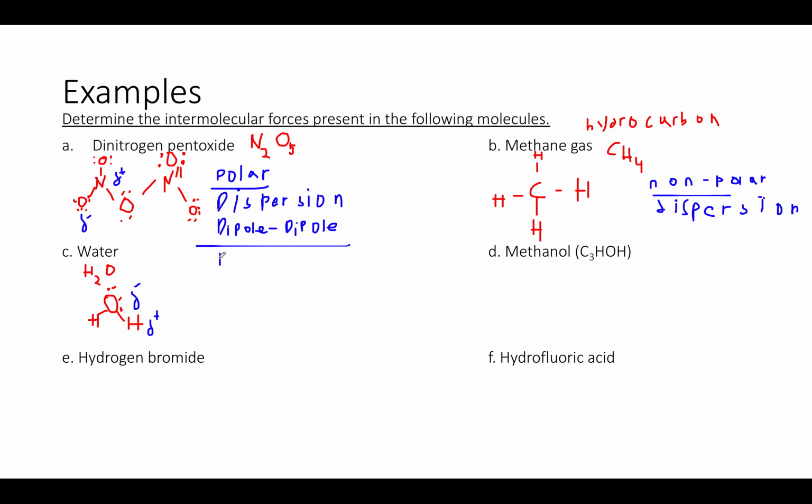So this molecule is obviously polar, but can we attain the trifecta of forces? Let's find out. Dispersion forces, check. Everybody has dispersion forces. Dipole-dipole forces, check, because we have that partial positive and partial negative.